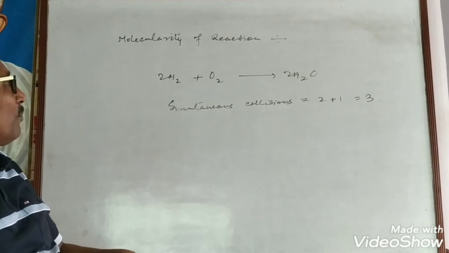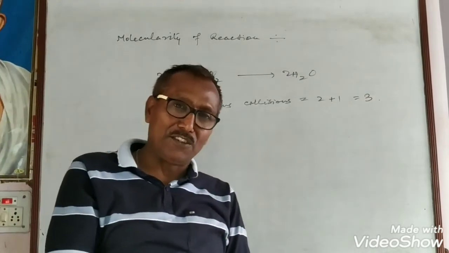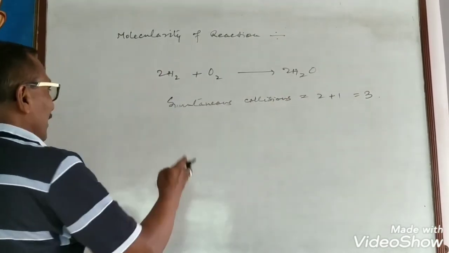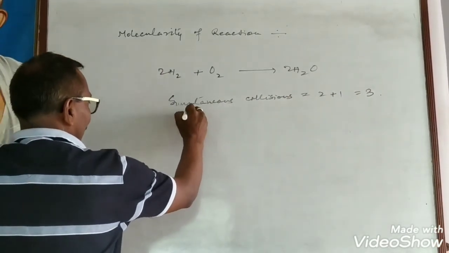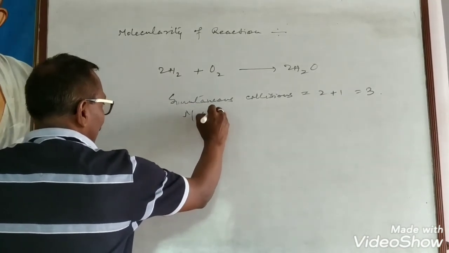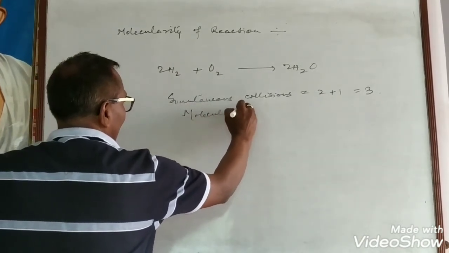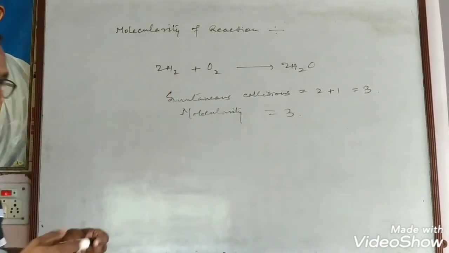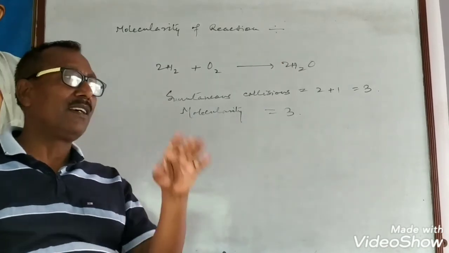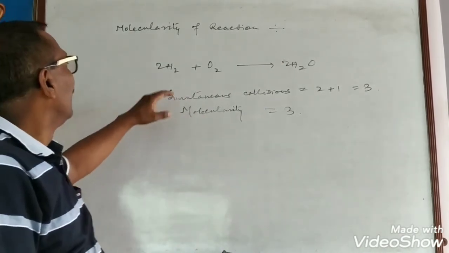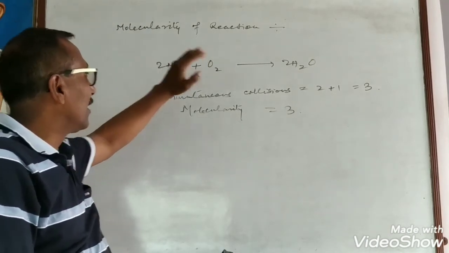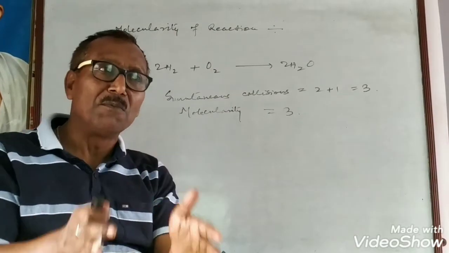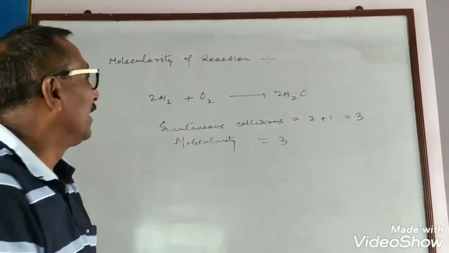If all the number of moles take part in the simultaneous collision, then here molecularity will be equal to 3. But we cannot expect, we cannot guess, that all the number of moles given in the balanced chemical reaction will be taking part in the simultaneous collision.